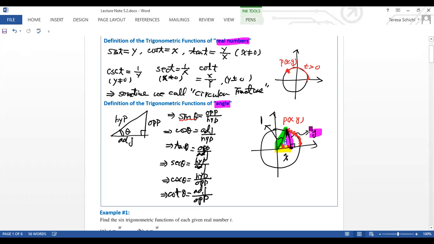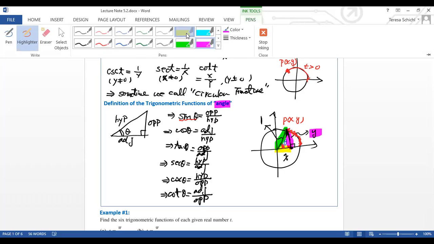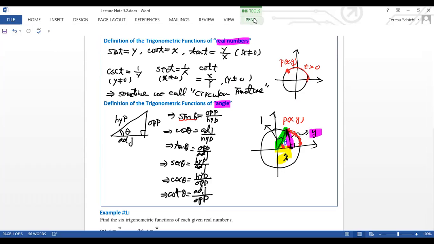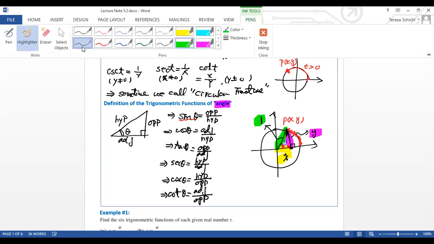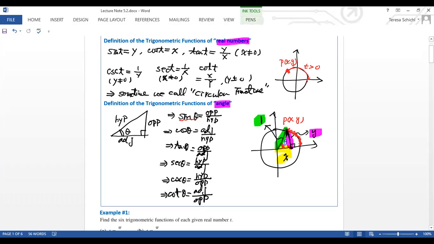This opposite is Y, this is X here, and the hypotenuse is 1. So sine theta is opposite over hypotenuse, so it's Y over 1, because the hypotenuse is 1. So that gives you exactly the sine t, correct?